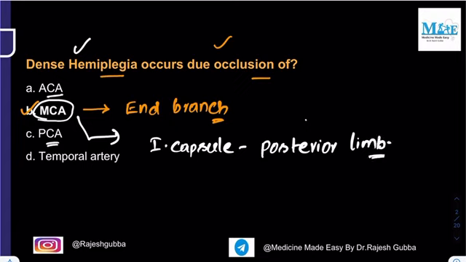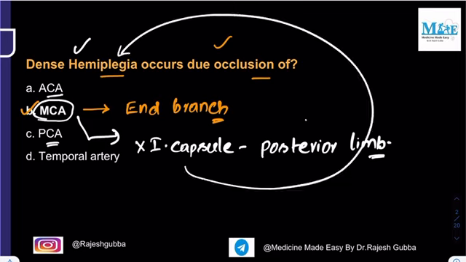Whenever this internal capsule is infarcted or damaged, the individual develops what is called dense hemiplegia. So why is that? Because the posterior limb of the internal capsule contains the motor fibers, and if that is damaged, the individual will develop dense hemiplegia, and this part of the internal capsule is supplied by the middle cerebral artery. So dense hemiplegia occurs due to the occlusion of the middle cerebral artery.